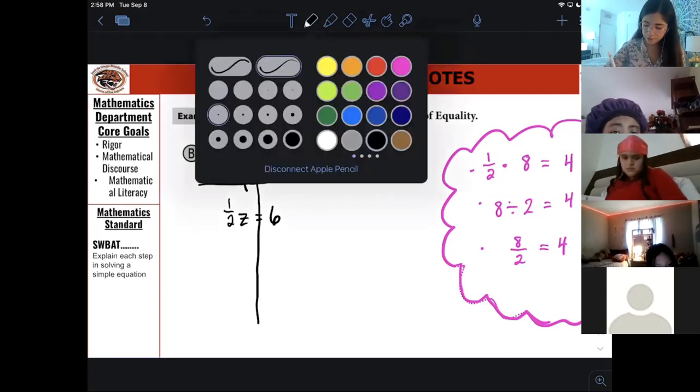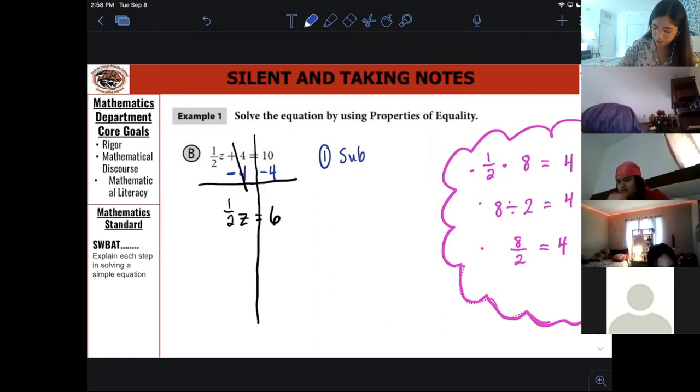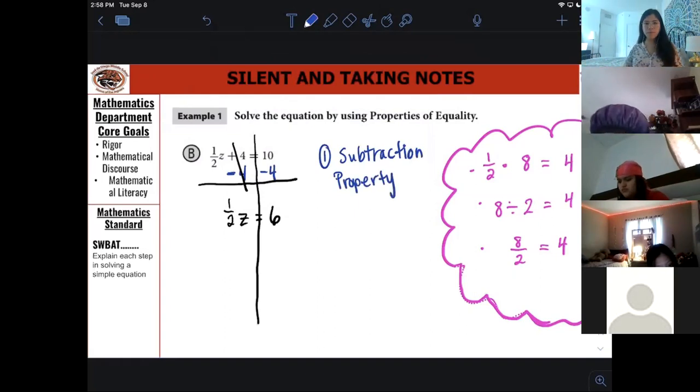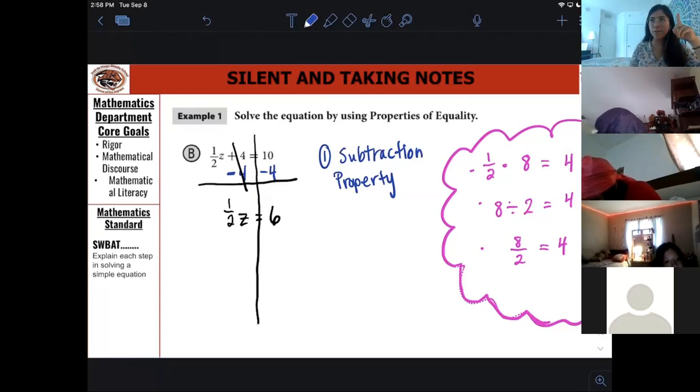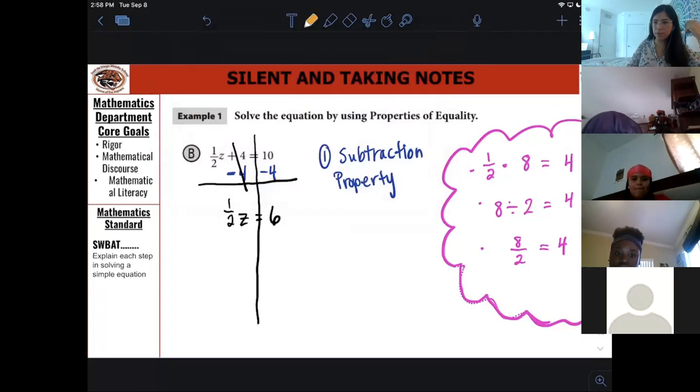And for the sake of remembering all of our properties, I'm going to write this down. Step number 1 was the subtraction property of equality. And now, step 2, remember what I said, fractions are really dividing, and the opposite of division is multiplication.